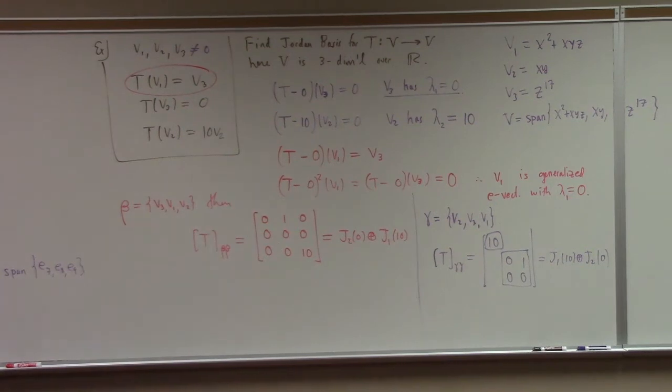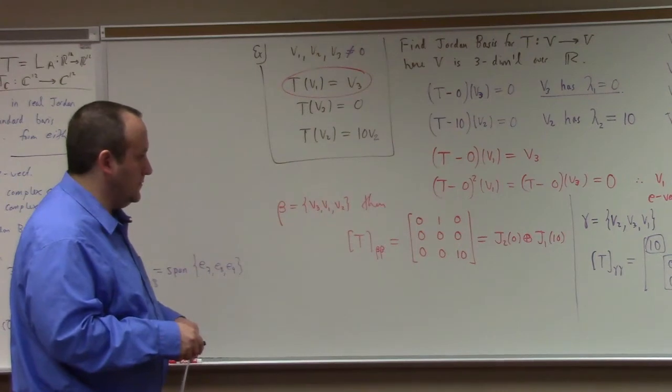So go on. I was just confused about the part that starts in red, how you know that that's a generalized eigenvector and what exactly that means.